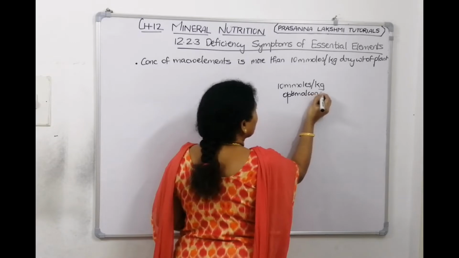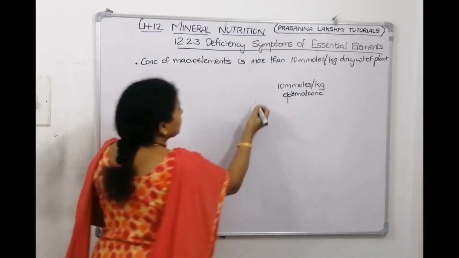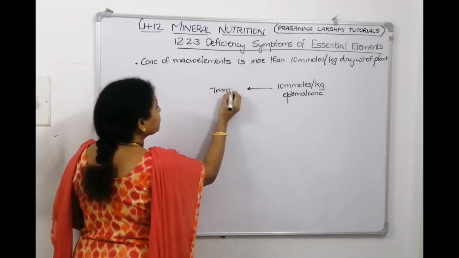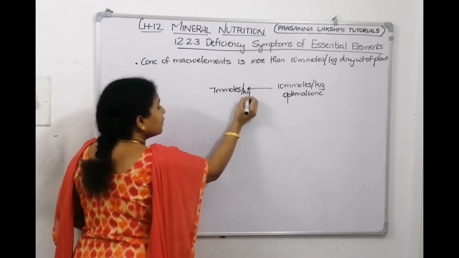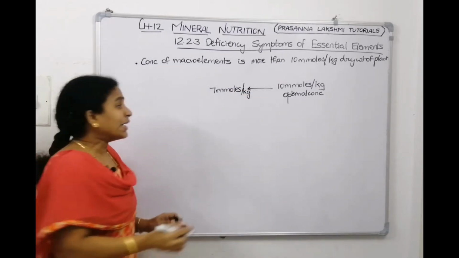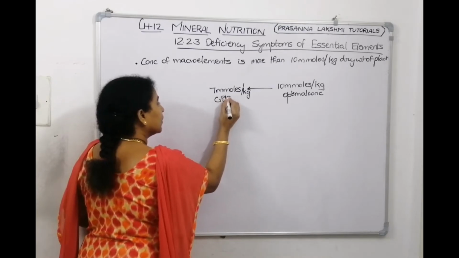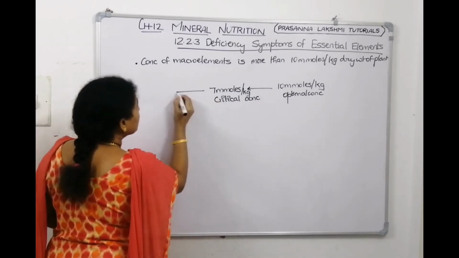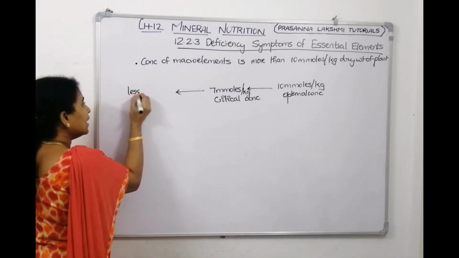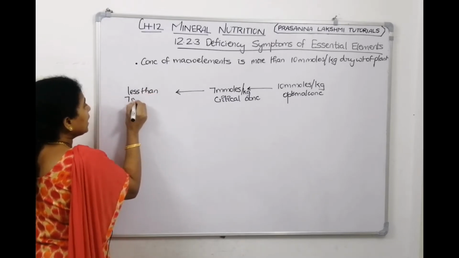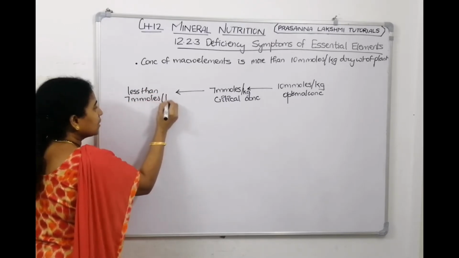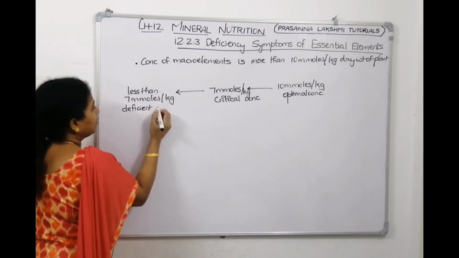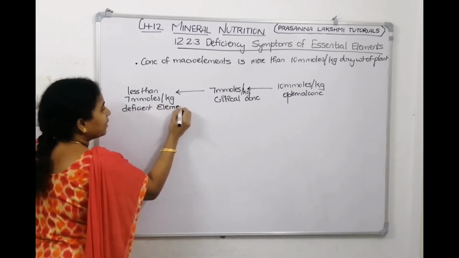Now, below this, if we go, for example, to 7 millimoles per kg, that is called the critical concentration. And if the concentration of that element is less than 7 millimoles per kg, then that is called deficient. The concentration is deficient, the element is deficient.